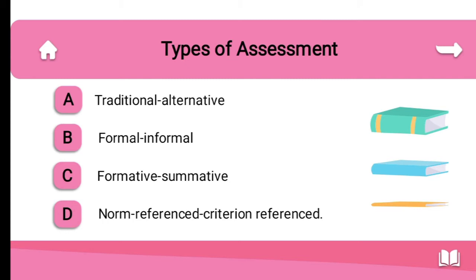And alternative assessment is any method of finding out what a student knows or can do that is intended to show growth and inform instruction and is not a standardized or traditional task.